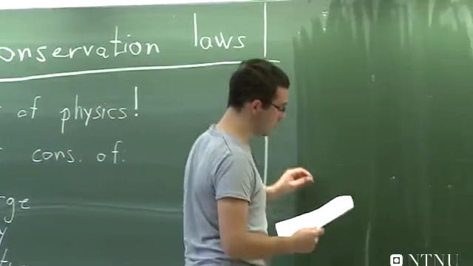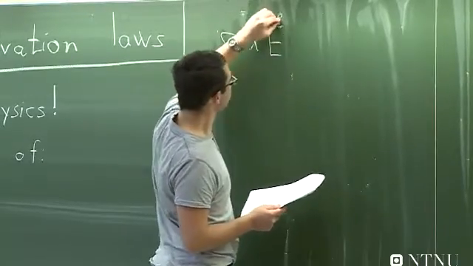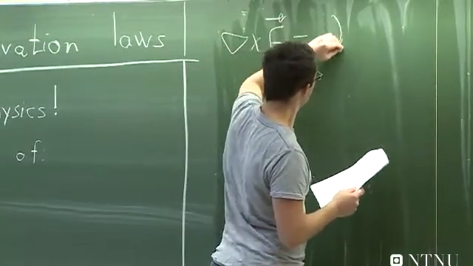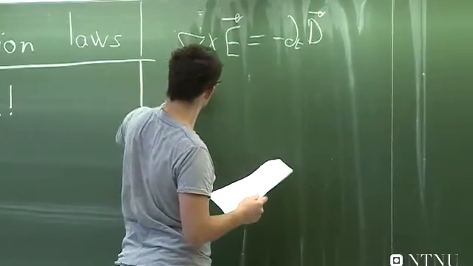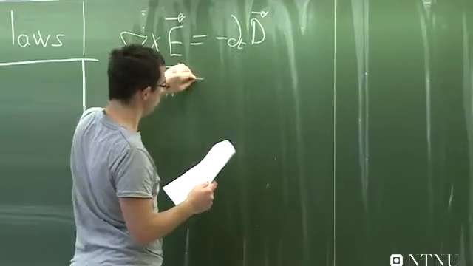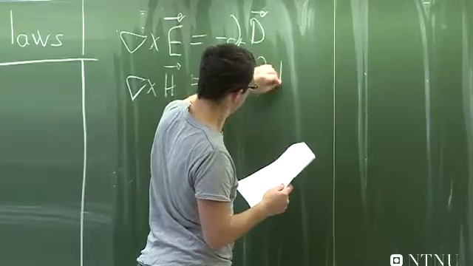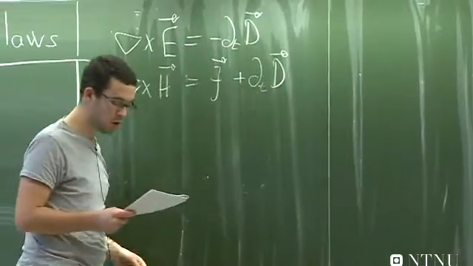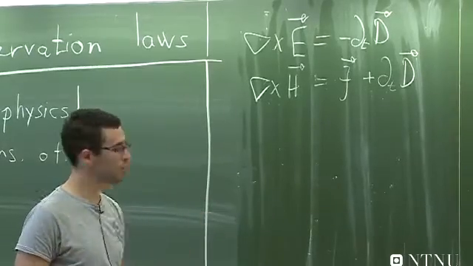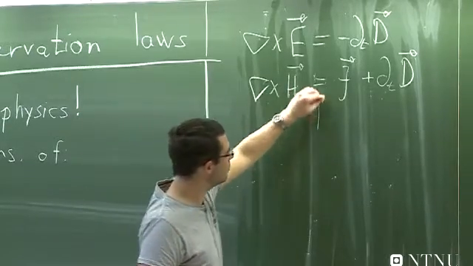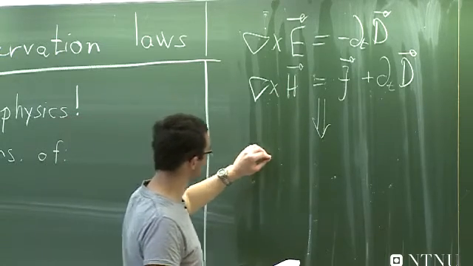So if you start out with Faraday's law and also Ampere's law, first of all, I rewrite this to have the time derivative terms on the same side of the equality sign. So the two of these become the following equations.